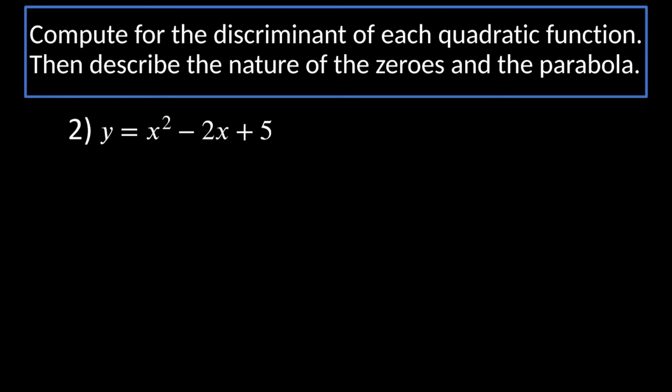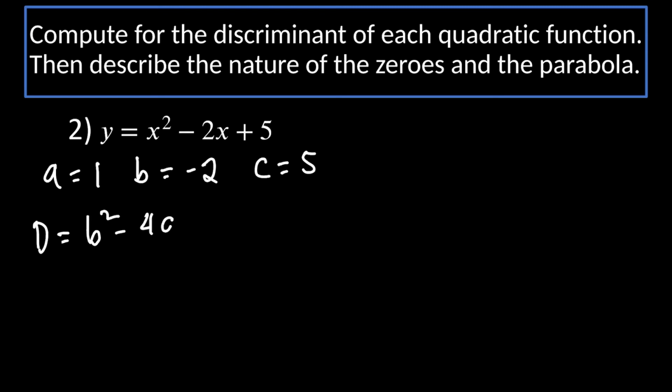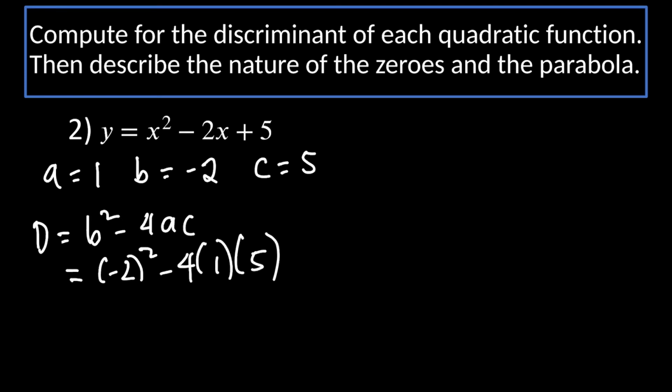Let's have another one. Let's have y equals x squared minus 2x plus 5. If we identify the values of a, b, and c here, a is equal to 1, b is negative 2, and c is 5. Substituting this into the discriminant, D equals b squared minus 4ac, we will have negative 2 squared minus 4 times a, which is 1, times c, which is 5.